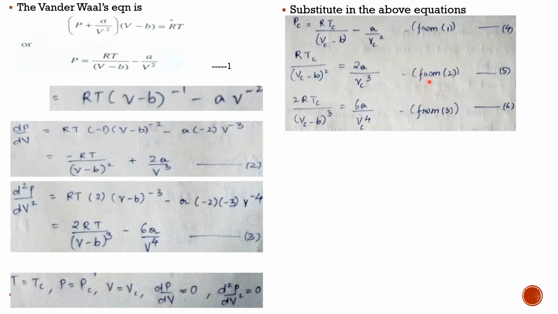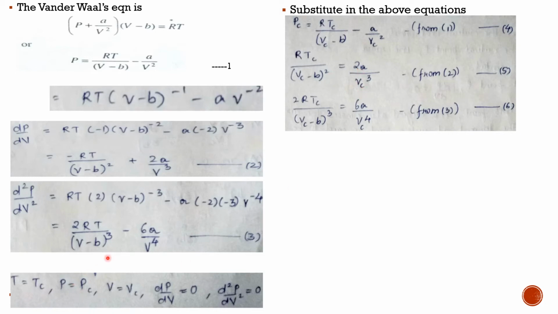From equation 2, RTc upon (Vc minus b) the whole square plus 2a upon Vc cube, dP by dV is 0, so taking this term on the other side, RTc upon (Vc minus b) the whole square is equal to 2a upon Vc cube.